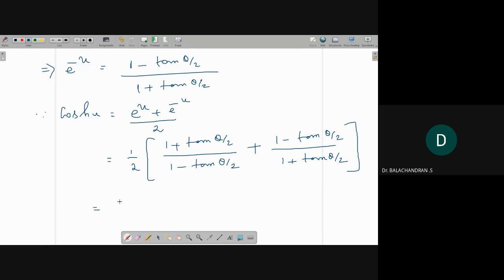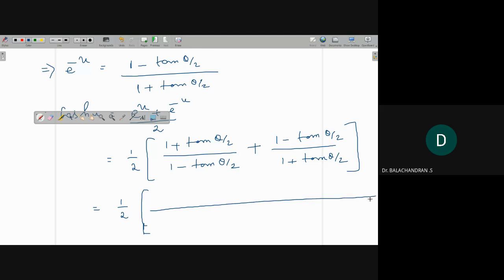This equals half into, taking the LCM, 1 minus tan theta by 2 into 1 plus tan theta by 2, which gives 1 square minus tan square theta by 2, and then cross multiplying, you get 1 plus tan theta by 2 whole square plus 1 minus tan theta by 2 whole square.